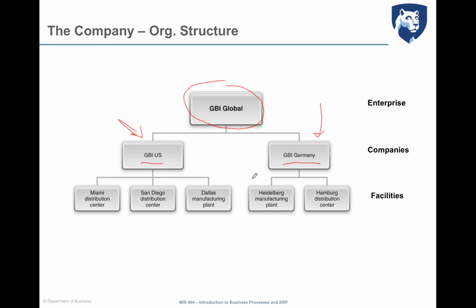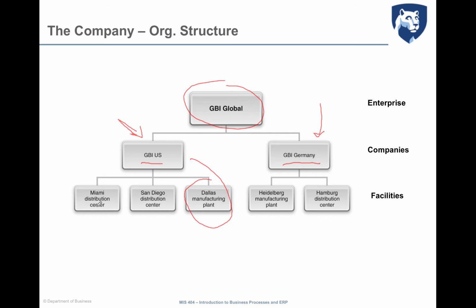While instead the Dallas facility manufactures products for the US and export markets, and its warehouse manages product distribution for the central US and internet retailers. So in the US we have a manufacturing plant in Dallas, a distribution center located in San Diego, and one other located in Miami.